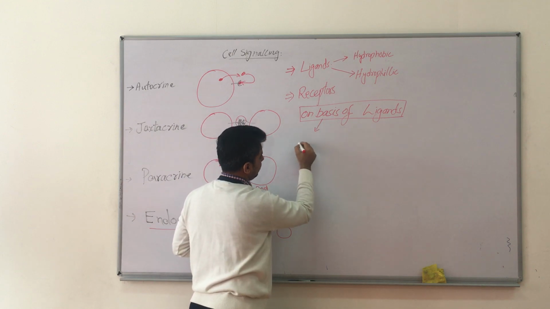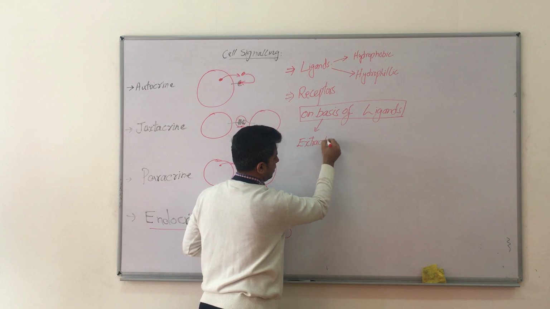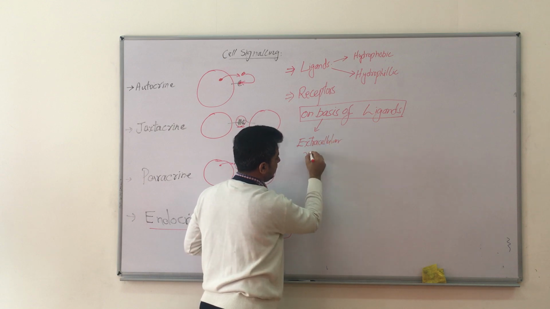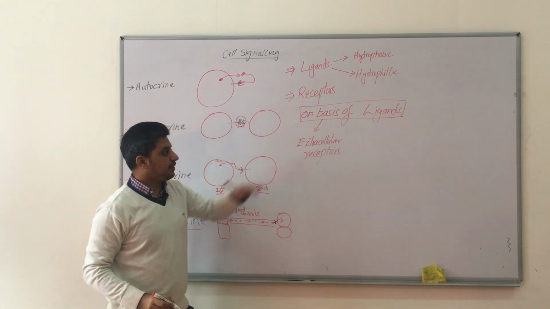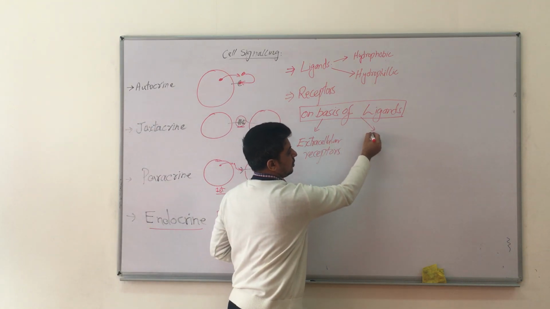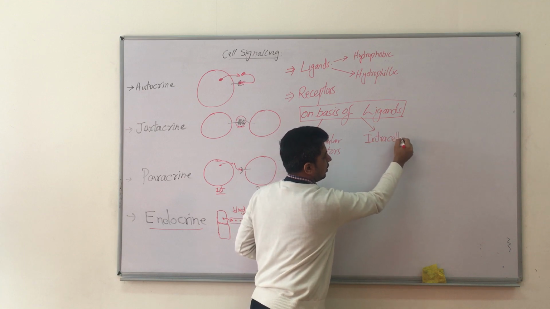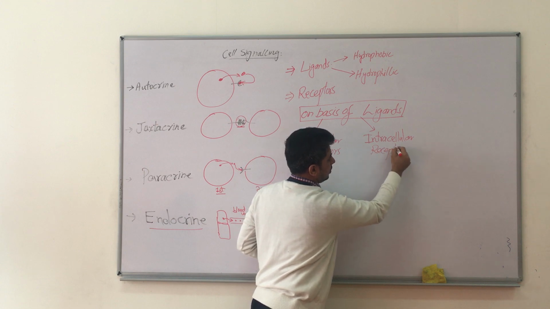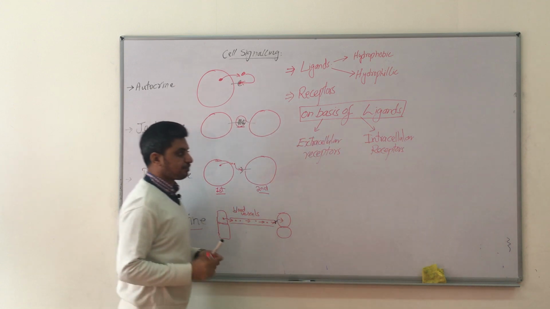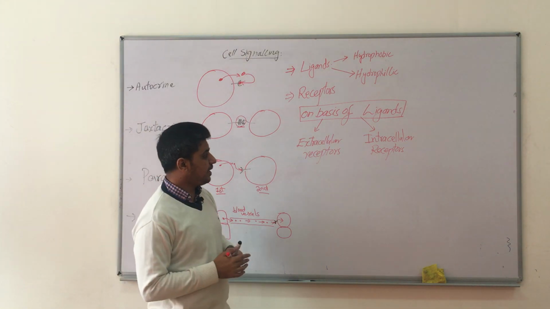Number one is extracellular receptors, and number two is intracellular receptors. And what about these extracellular receptors and the intracellular receptors?